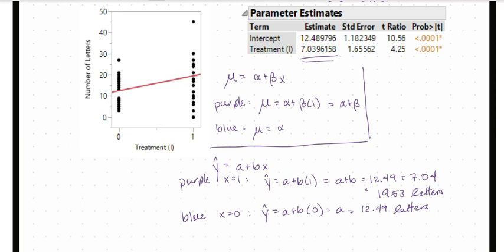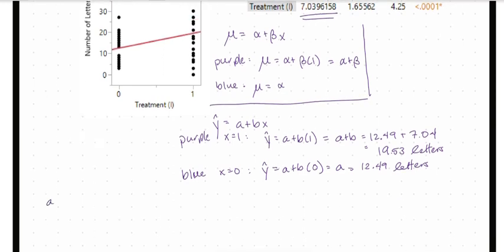Let's interpret these estimates in turn. A is the y-intercept. We interpret this the same way we always do. So this is the predicted response. So in this case, it's the predicted number of letters memorized when x equals 0.